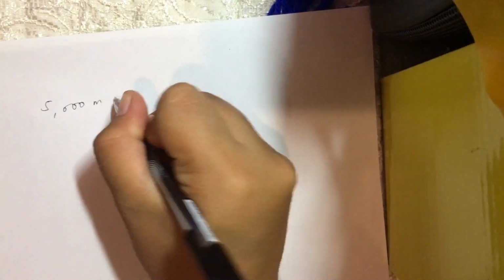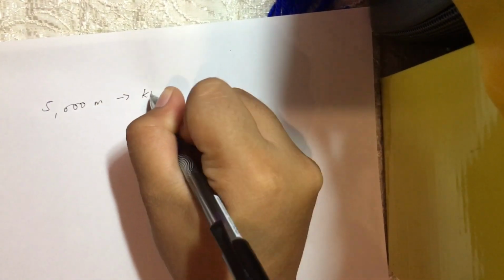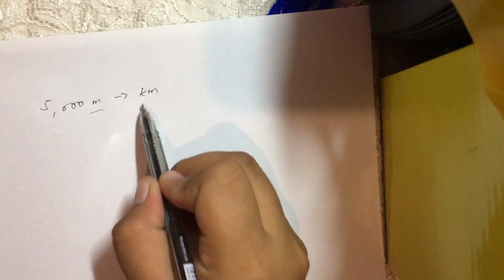5,000 meters to kilometer. So the first step that you need to do, class, is to identify the starting point and the desired unit. So the starting unit is the meter, and the desired unit is the kilometer.